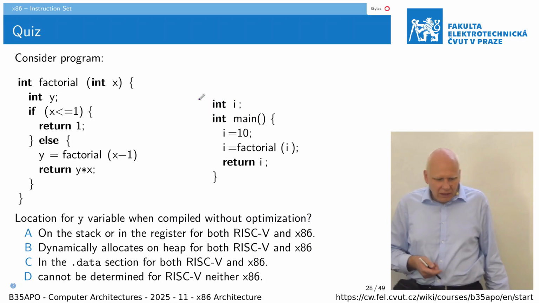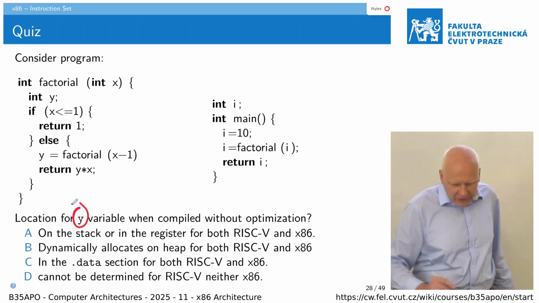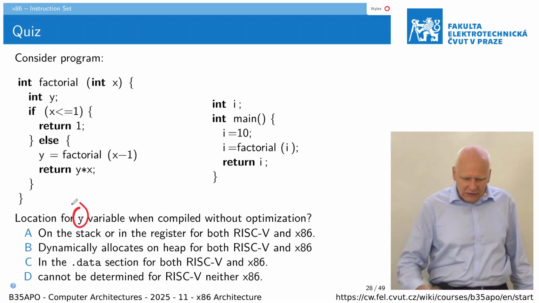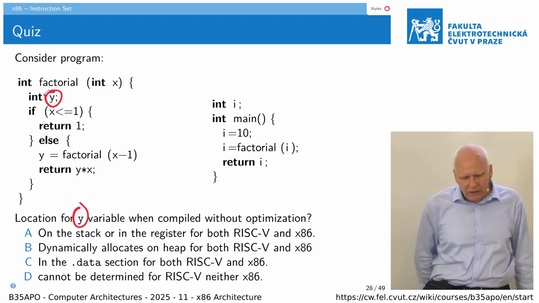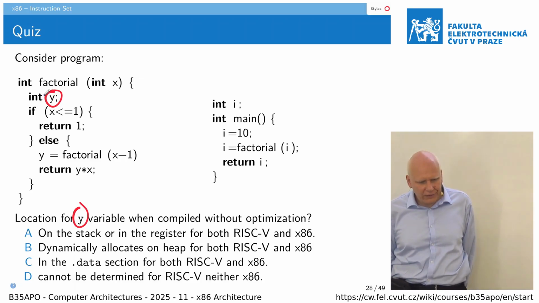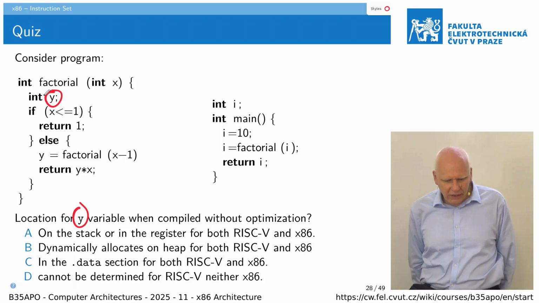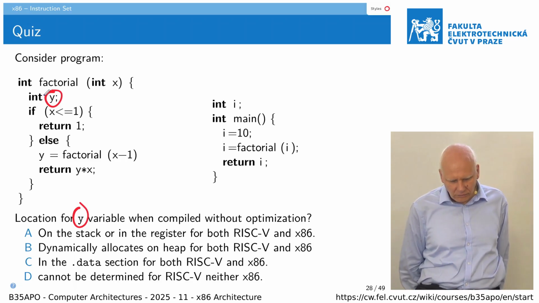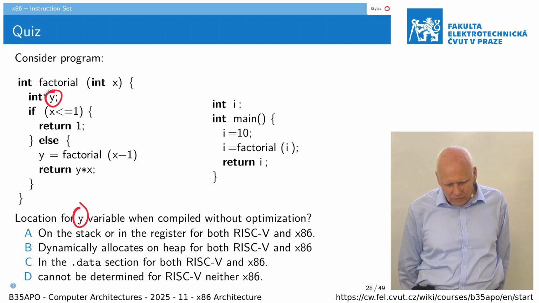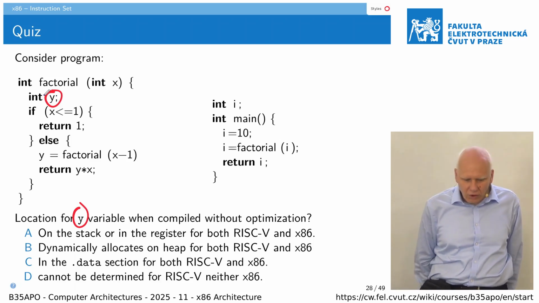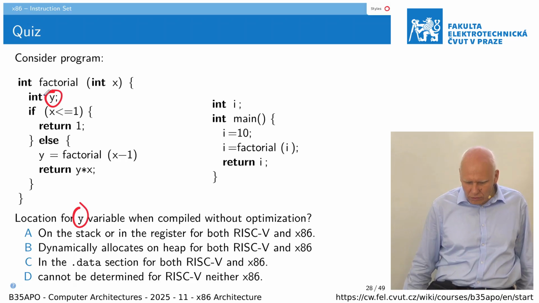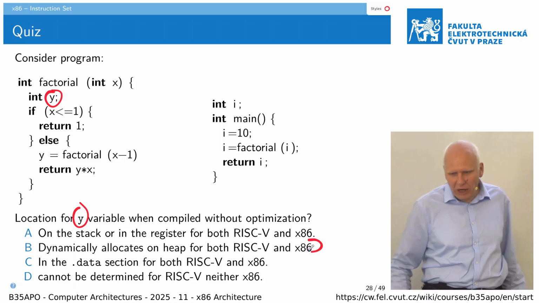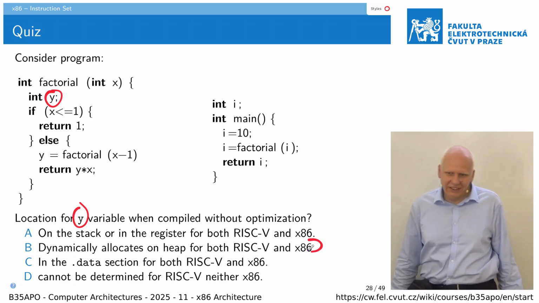If we look at the y variable, this is the variable inside the factorial, so it is a local variable in this case. No, we do not want to call malloc or something like that.